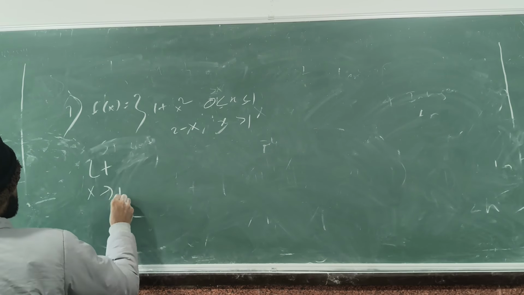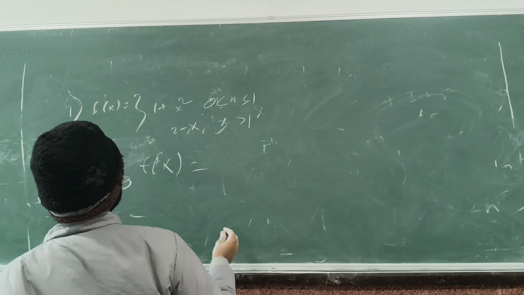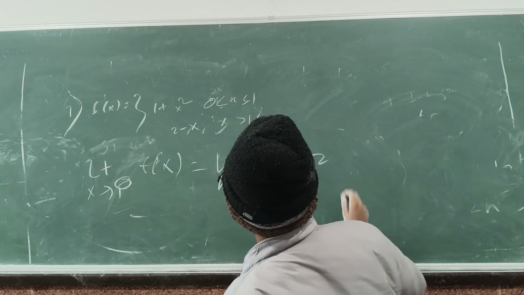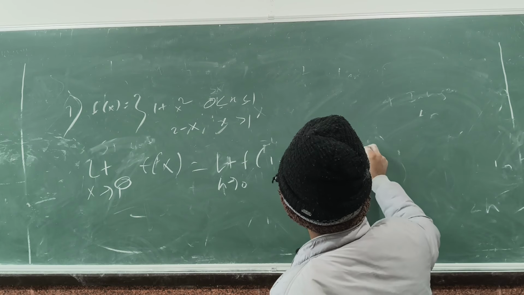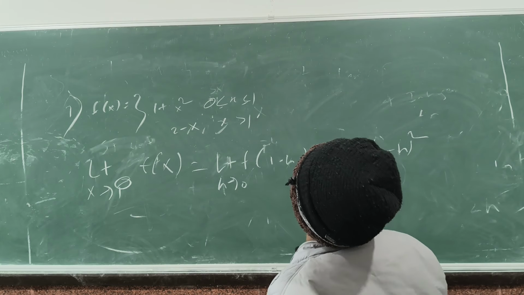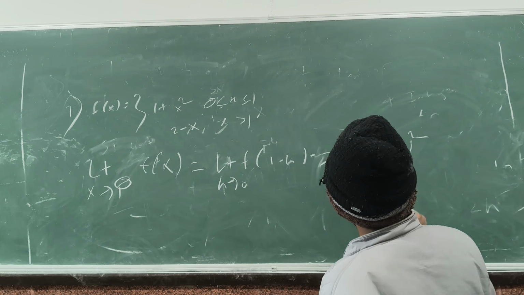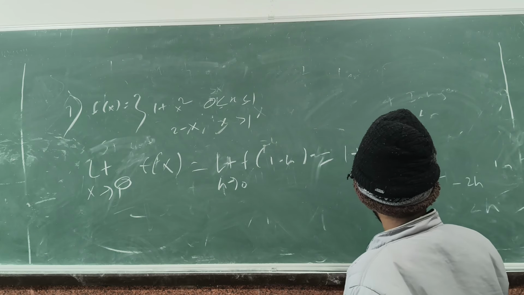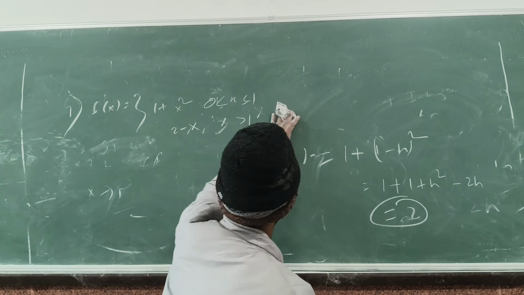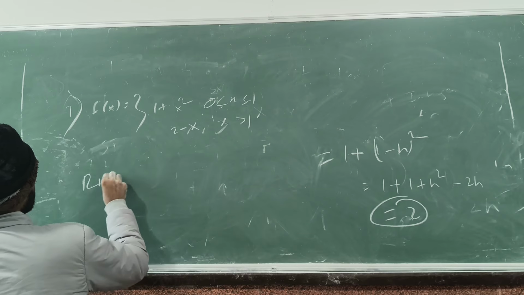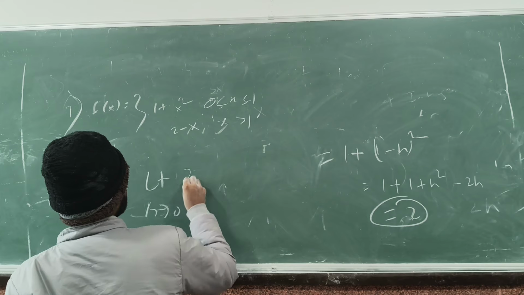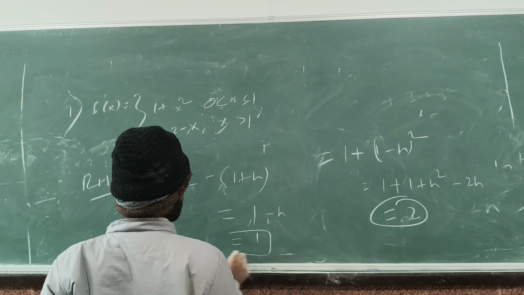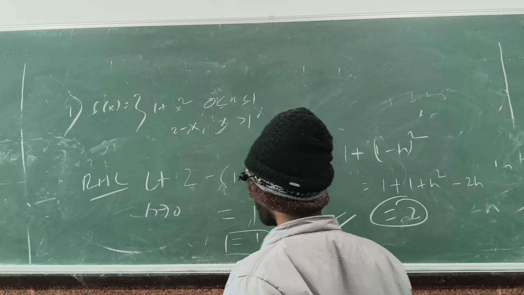So the left hand limit, x tends to 1 minus of f of x, equals limit h tends to 0 of f of 1 minus h, which is 1 plus (1 minus h) whole square, 1 plus 1 plus h square minus 2h, which equals 2. The left hand limit is 2 and the right hand limit, h tends to 0, 2 minus (1 plus h) equals 1 minus h, equal to 1. So they are not equal, so the limit does not exist.